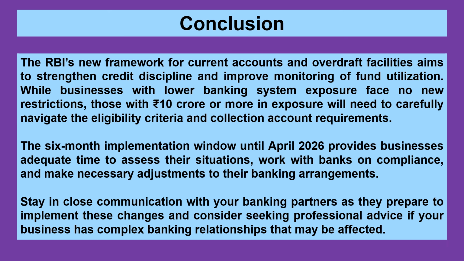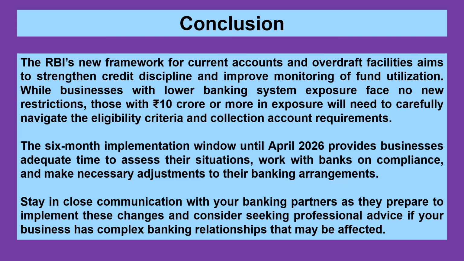Conclusion: the RBI's new framework for current accounts and overdraft facilities aims to strengthen credit discipline and improve monitoring of fund utilization. While businesses with lower banking system exposure face no new restrictions, those with rupees 10 crores or more in exposure will need to carefully navigate the eligibility criteria and collection account requirements.